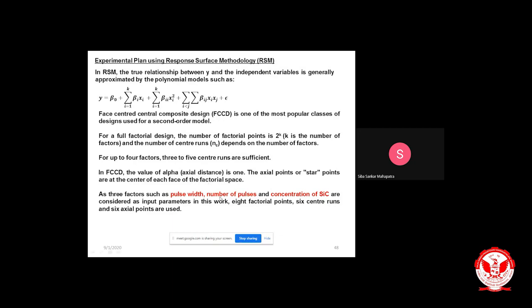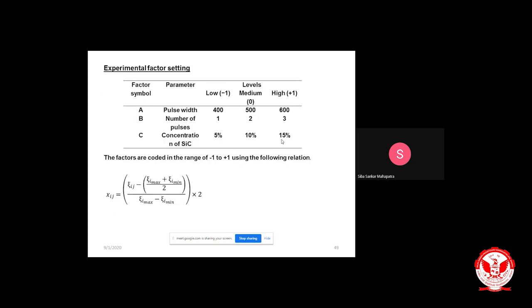So we will have three factors, so 2 to the 3, that is 8 factorial points. The axial distance here is 1, but there will be 6 axial points, 2 into k, 2 into 3, 6, and center points.